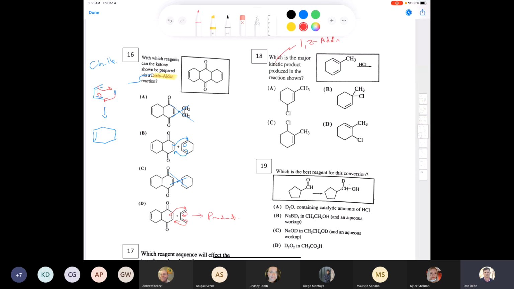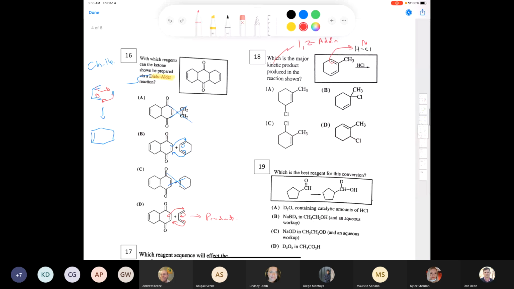What's going to give us the most stable carbocation here? Would it be adding a hydrogen on here or on here? If we add the hydrogen from our HCl to this carbon, we're going to end up with a tertiary carbocation, the only possible tertiary carbocation that we could get.